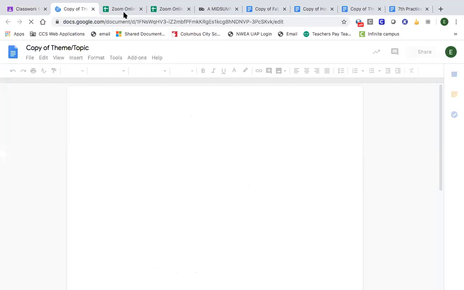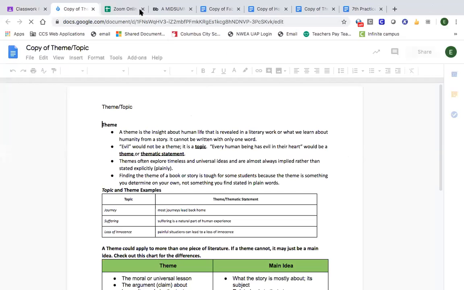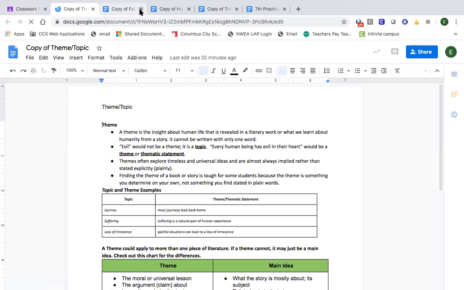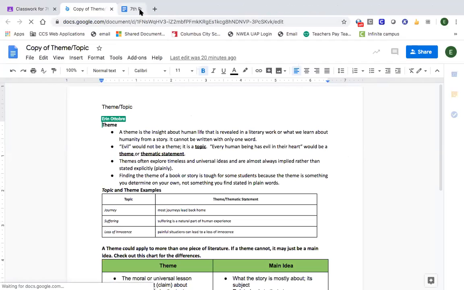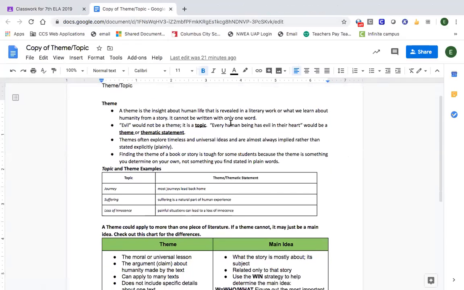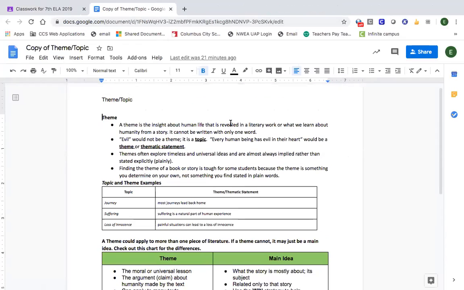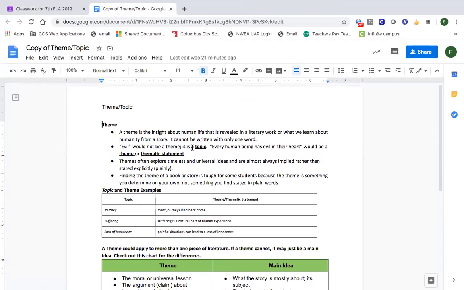Okay, so what I wanted to just talk about quickly today is the difference between a theme and a topic. So a topic is just like a one-word statement.